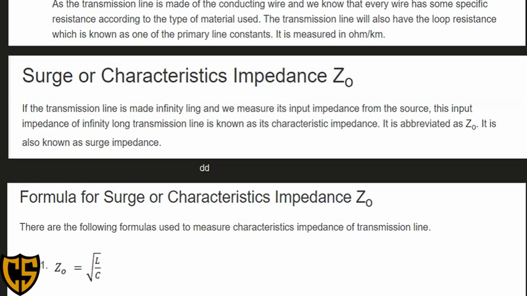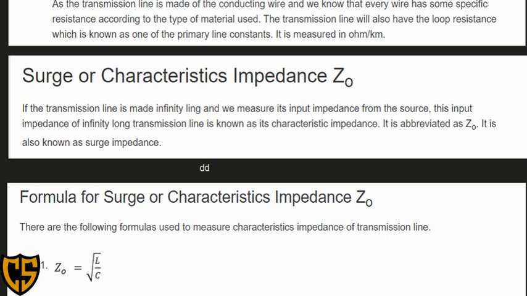ZO or characteristic impedance is a complex quantity, but it is expressed in ohms and is ideally independent of the length of the line and cannot be directly measured. So we cannot measure it directly with any measurement tool.